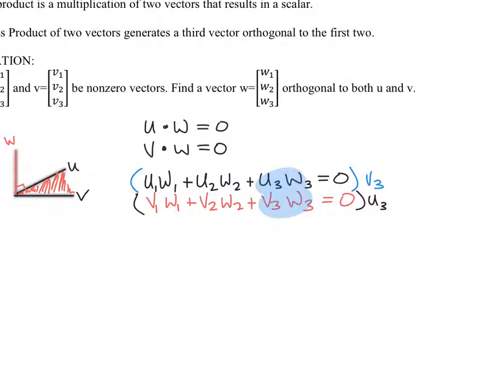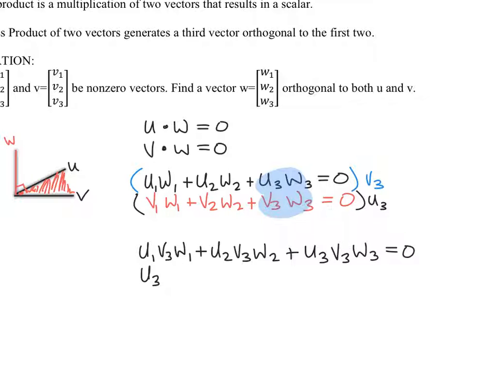All right. So I'd be looking at U1, V3, W1, plus U2, V3, W2, plus U3, V3, W3 equals 0.